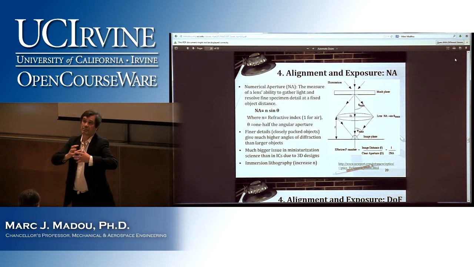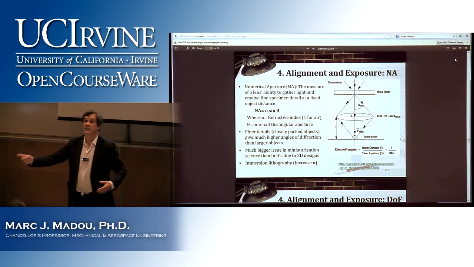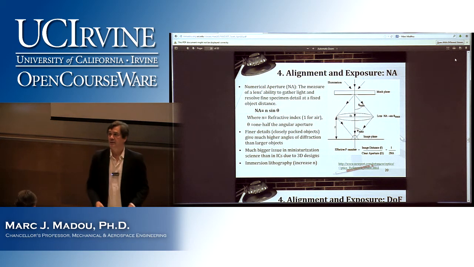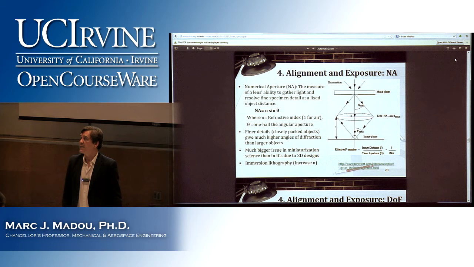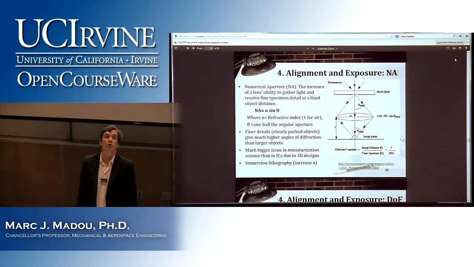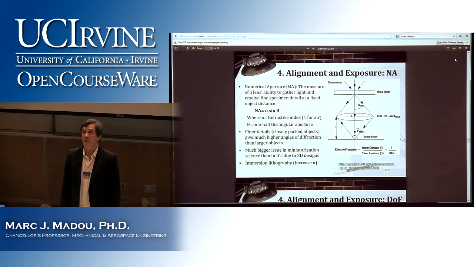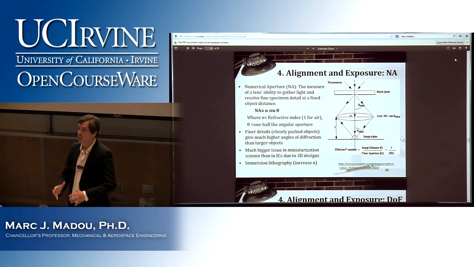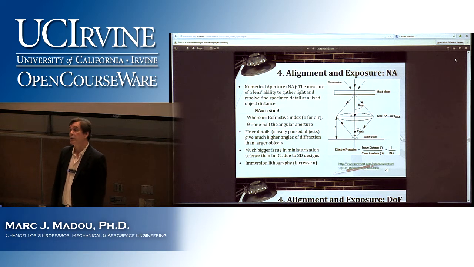We know we can make bigger lenses. Increase the refractive index, very good. And so this has led to many labs around the world experimenting with something called immersion lithography. What does that mean? Instead of doing your exposure in air, you do it in water, where n, instead of being 1, becomes 1.4.